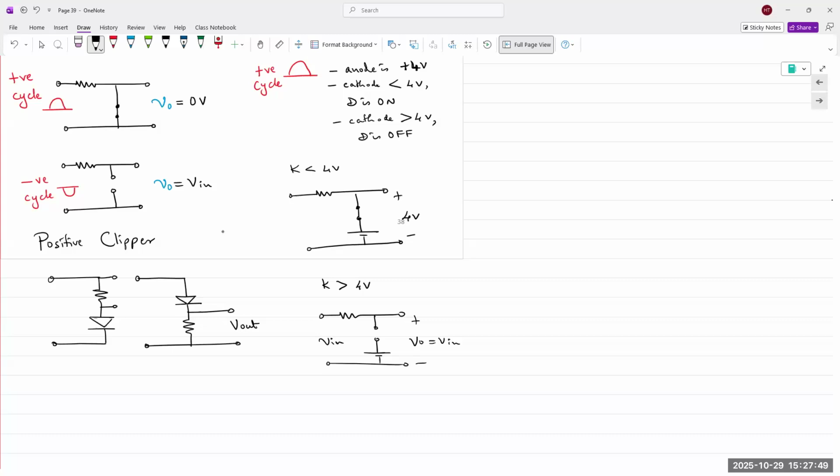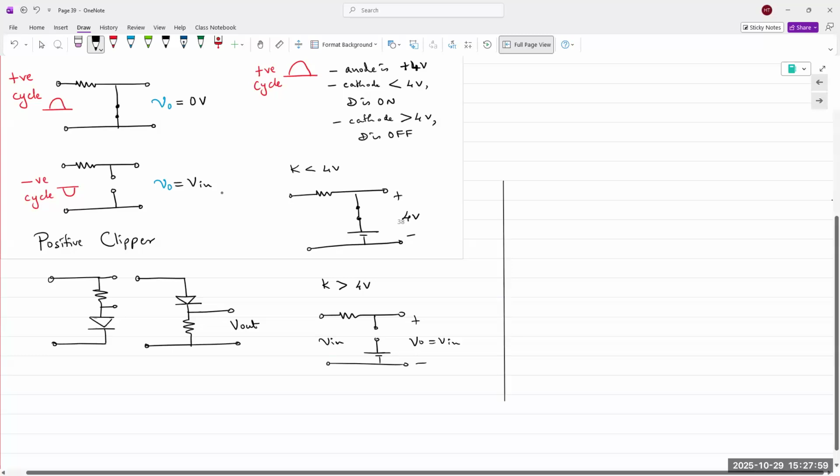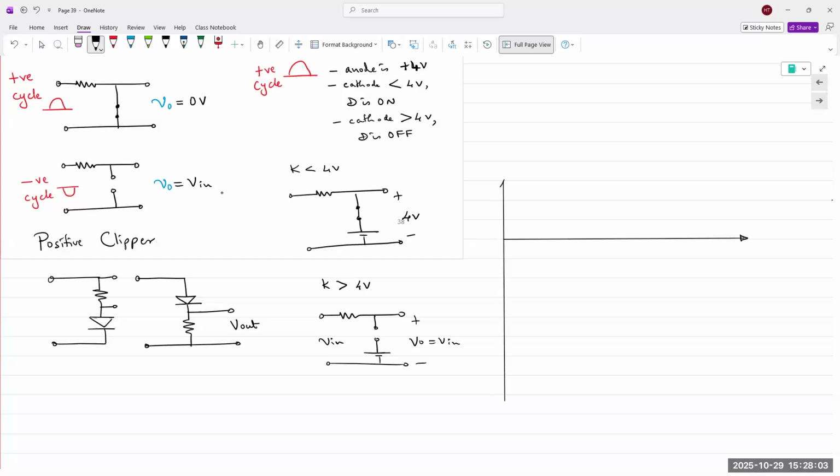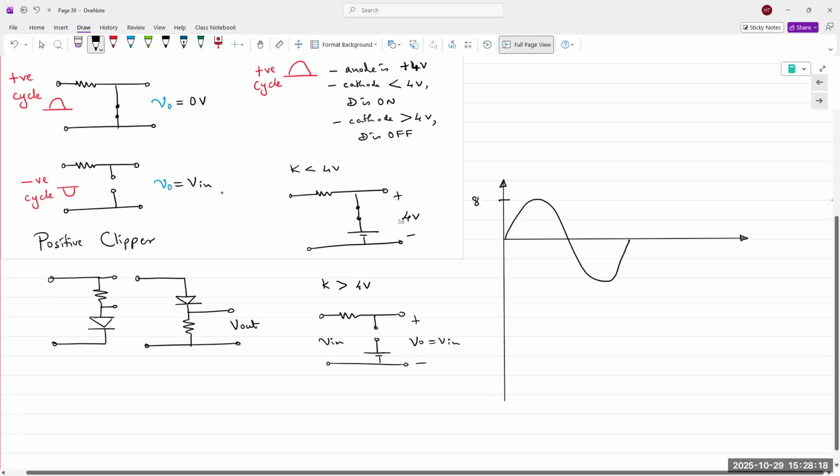So now let's say you have a waveform input. I want all of you to try and draw this. If I'm applying an input waveform that looks like this, let's just say this is, I don't know, 10 volts. Actually, let's make it easier. Let's do 8 volts.